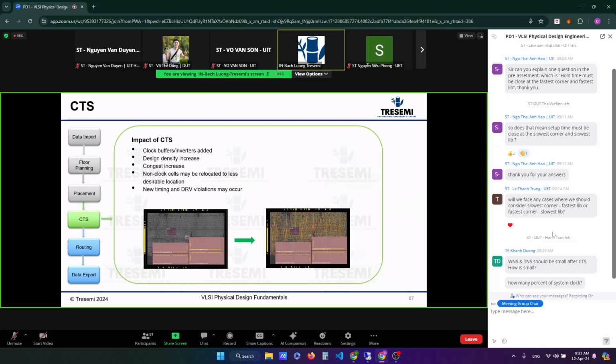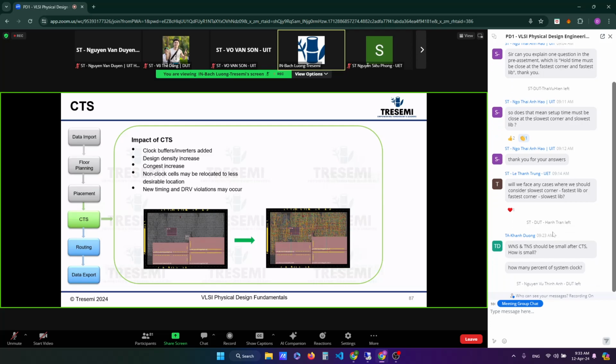When we say close timing, that means meet timing. Same thing when you get to routing in the next lectures. We'll talk about routing, and when you close the routing, it means you have to route it where there are no shorts. So it's very important to understand the impact of each step and what happens in your design, and address any issue at that stage.